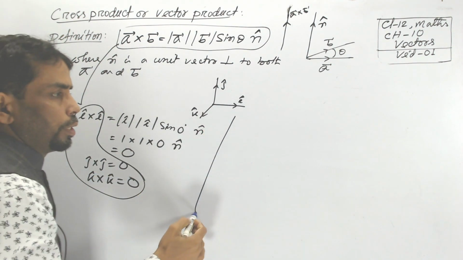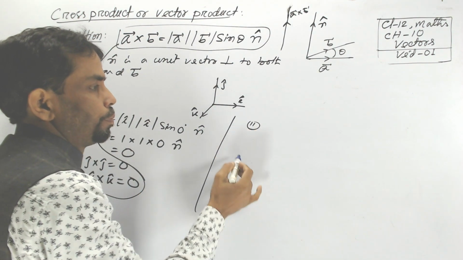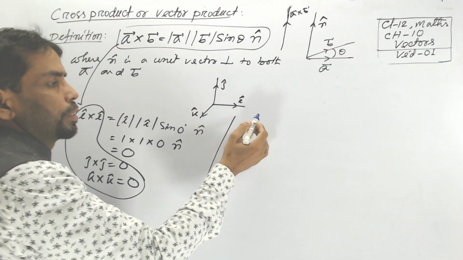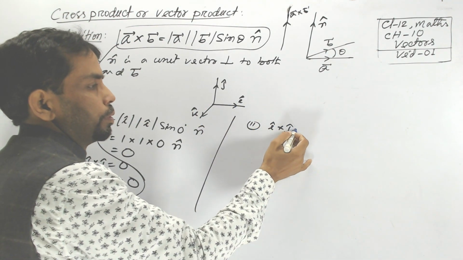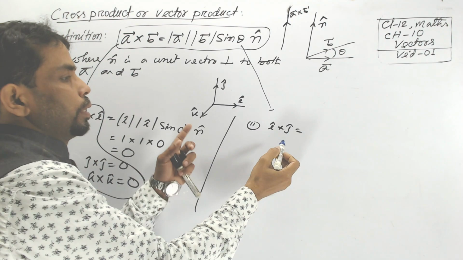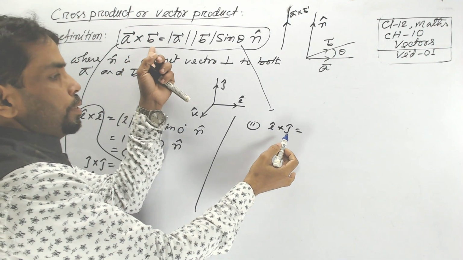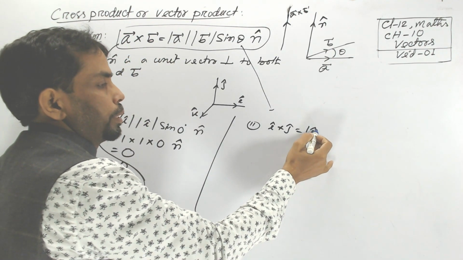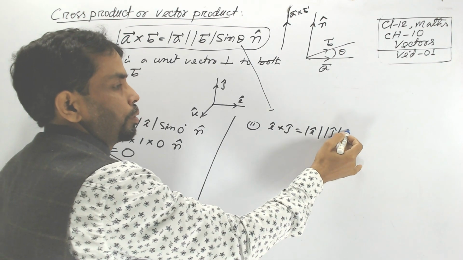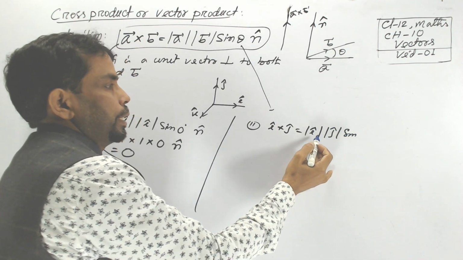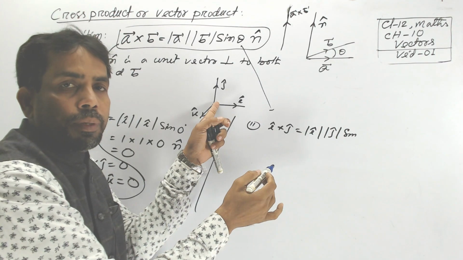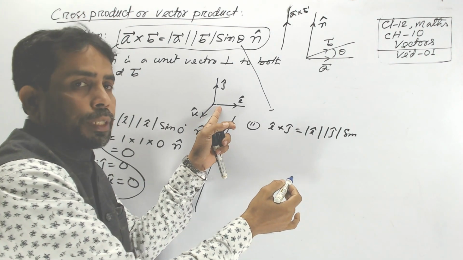Now if I apply the same definition for different vectors, say i cross j, here A is i, B is j, then magnitude of A, magnitude of B, sin theta. The angle between i and j is 90 degrees. They are mutually perpendicular. i, j, k are mutually perpendicular.